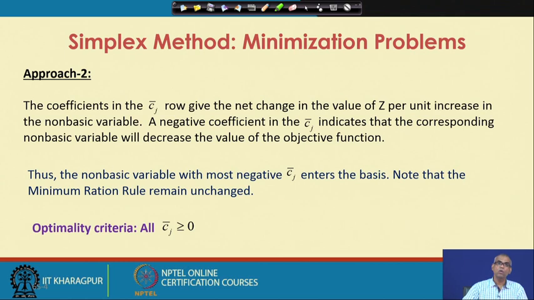That means, we have reached the local optimal solution. Since the linear programming problem is a convex programming problem, the local optimal solution is also global optimal solution. So, the optimality criteria for minimization problem will be all relative profit coefficient values Cj bar are greater or equal to 0.